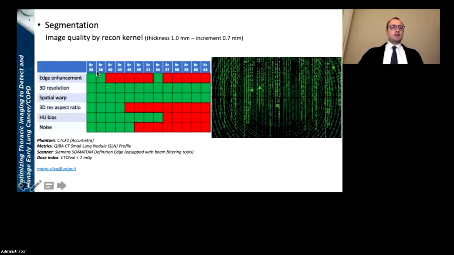These are standard kernels on my scanner, the scanner I use for lung cancer screening. These are different features for the definition of the standard of quality at 3 different points. As you can see here, for the soft kernels, the data quality is pretty high.